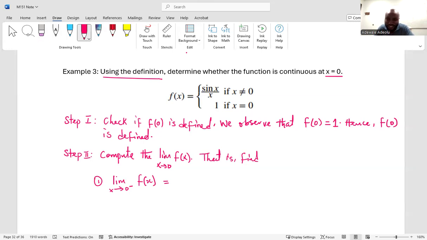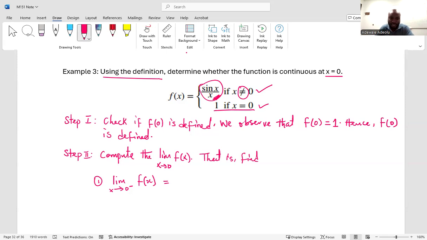Here, this is only happening when x is 0. When x is not 0, it is this function. That is, either it is negative or positive, it is this function. This one is just for when x is 0. Every other thing, you consider this part.